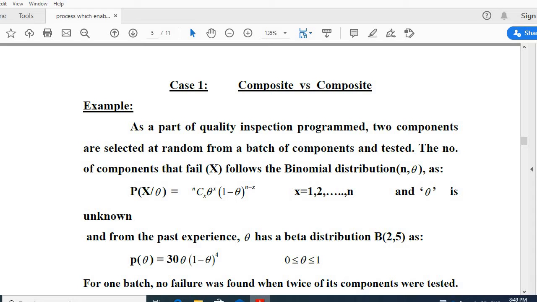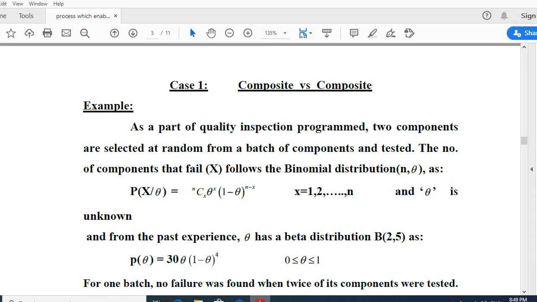Case 1, composite versus composite. The example of this case is given here. Listen attentively. As a part of a quality inspection program, two components are selected at random from a batch of components and tested.